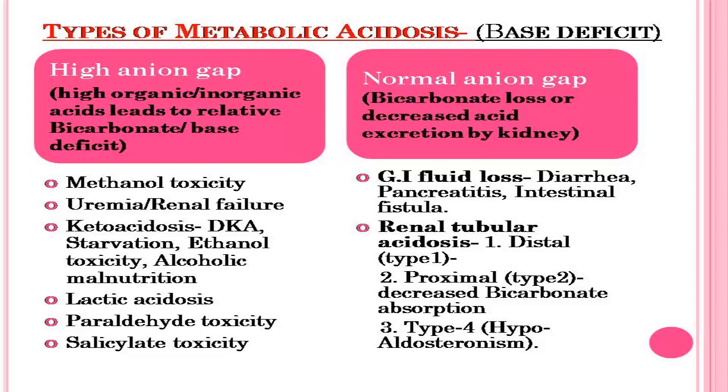If high anion gap metabolic acidosis is caused in the system, here the base deficit or the bicarbonate deficit is due to adding of organic or inorganic acids into the system. So here, as the organic or inorganic acids are added in the system, this leads to the base deficiency. And in case of normal anion gap metabolic acidosis, the bicarbonate itself is lost, leading to the bicarbonate deficit. So these are the types of metabolic acidosis with the cause.